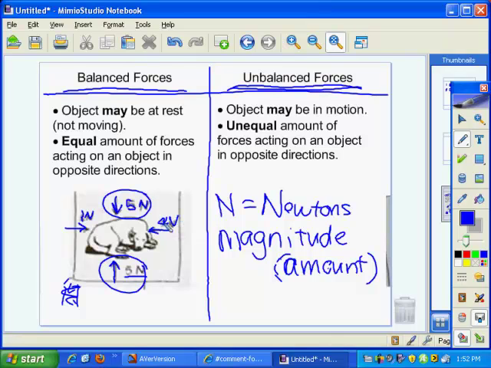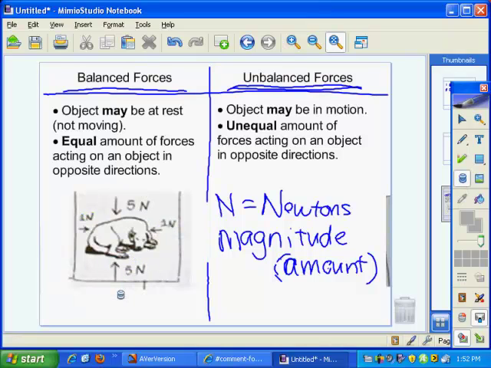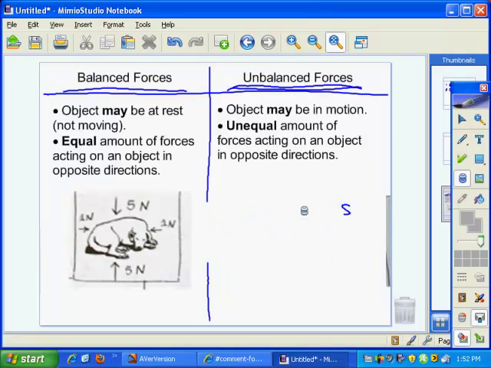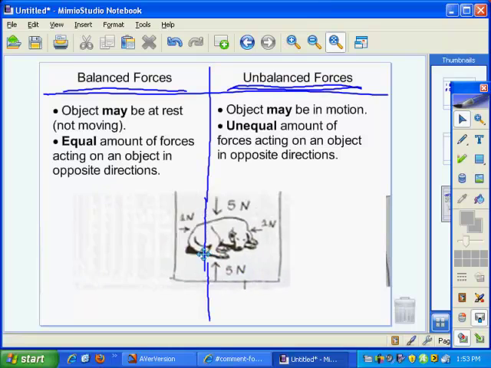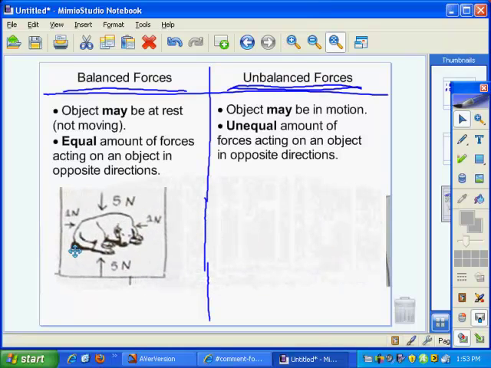Okay? So let me erase to make this a little neater. The opposite direction forces are equal. So are the forces acting on this dog balanced or unbalanced? Right, so we can place him in the balanced column. He has balanced forces acting on him.